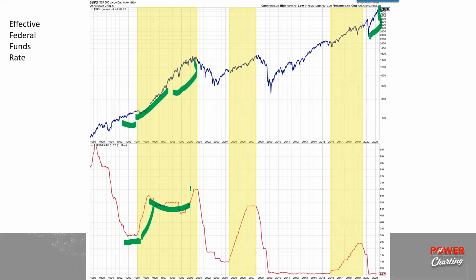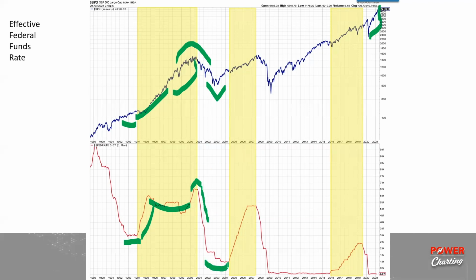But notice what happens when we get up here. Look at this distributional structure, late 90s, early 2000s, is that there comes a point when the Fed starts to become more concerned with the economy slowing down, and they start to lower interest rates in earnest. And they will lower rates, and the stock market can still be in its primary bear market. And they're trying to stop that bear market. Look at this accumulation area right there.